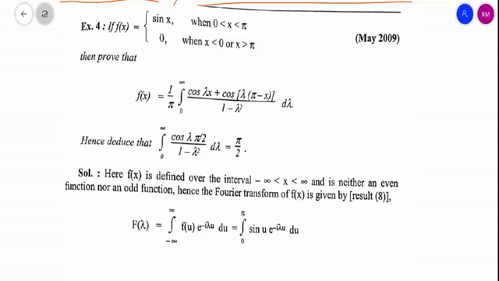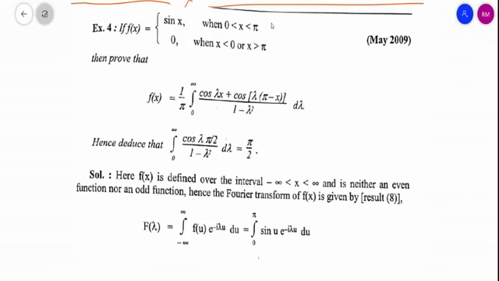If x lies between 0 and pi, then the value of f of x is sin x, and if x is greater than pi, then f of x has value 0, and if x is negative, then it also has value 0. Then prove that f of x can be described in the language of integration containing cos lambda x or the like.